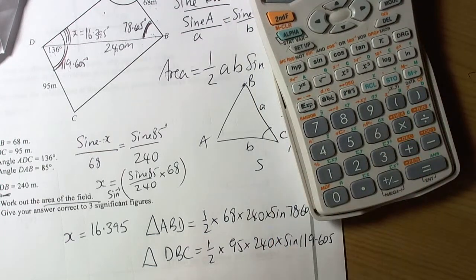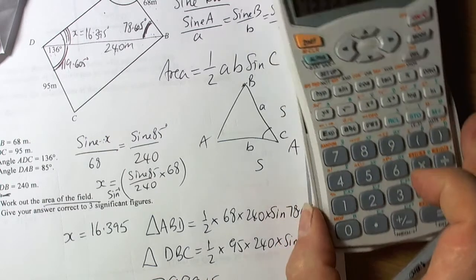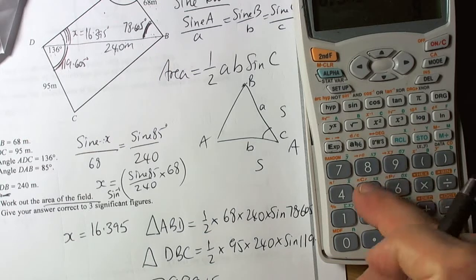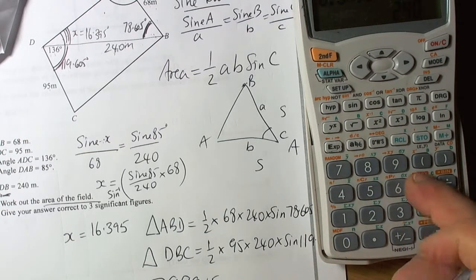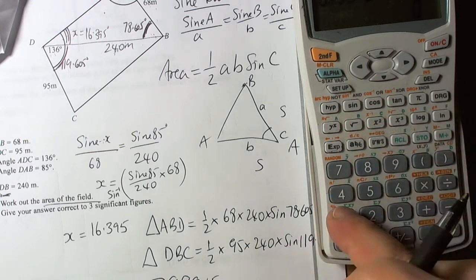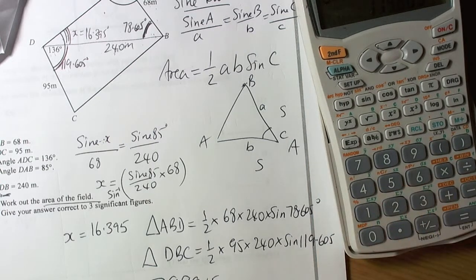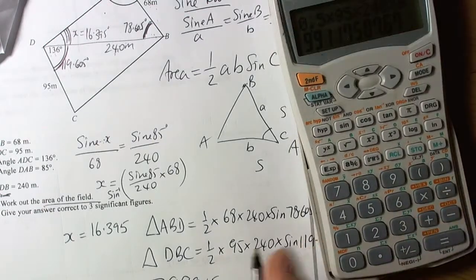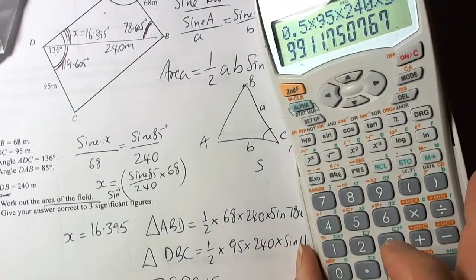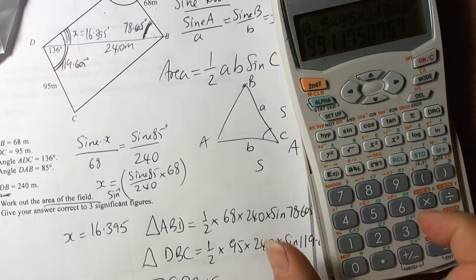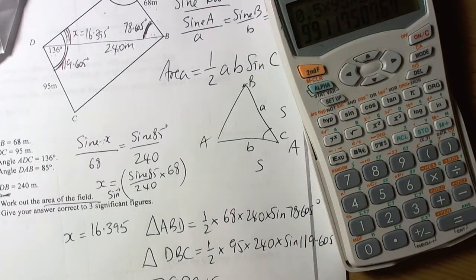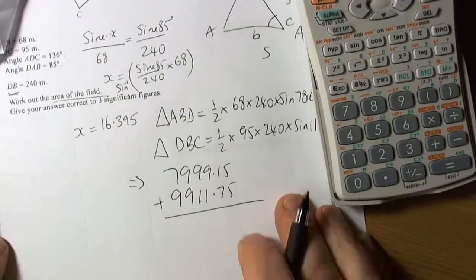Alright, so 7999.15, and the other one 0.5 times 95 times 240 times the sine of 119.605. So 9911.75.